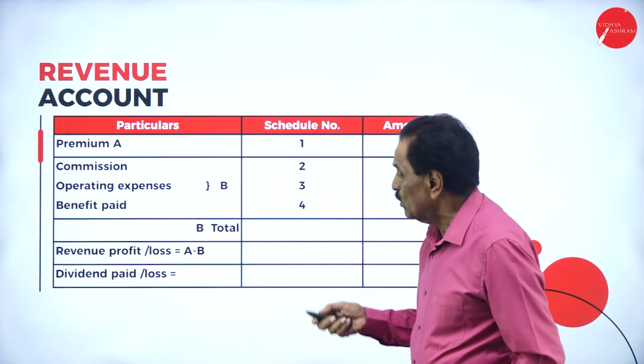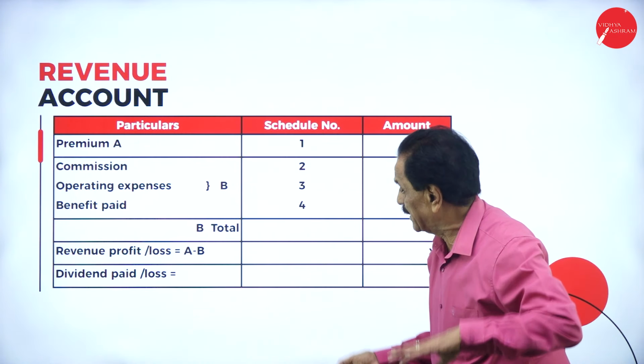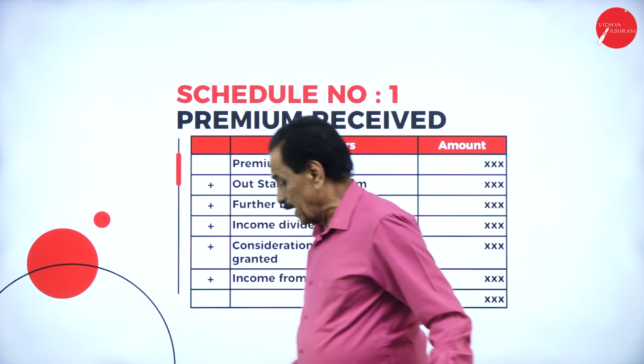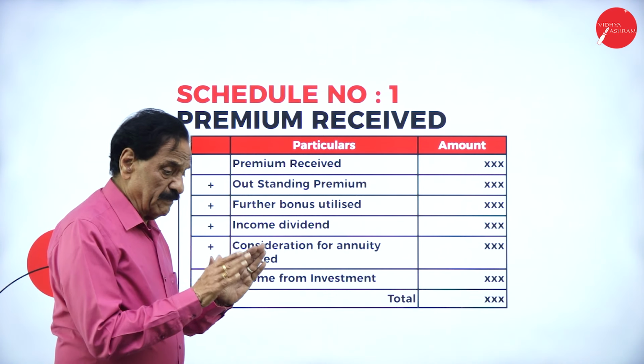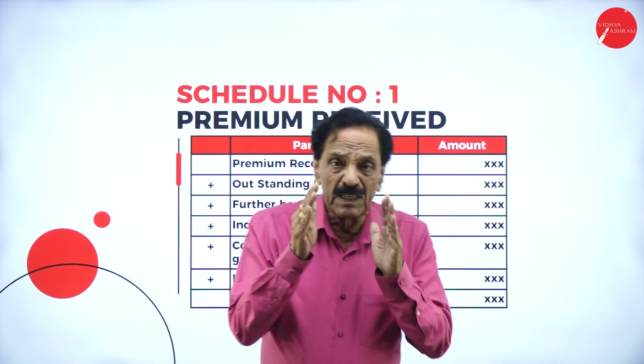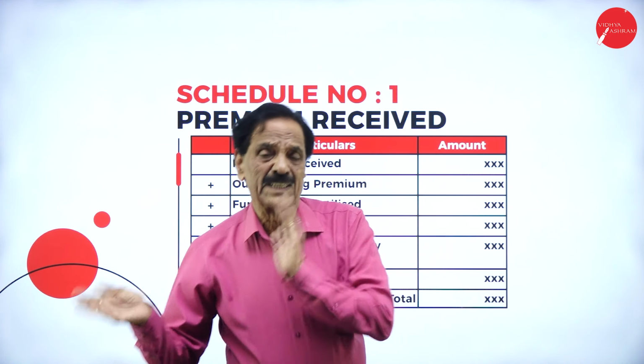This is the format. Now I am going to explain what the premium contains. Here, the premium received is as per the trial balance. They will give the trial balance. The trial balance shows the debit side and the credit side.